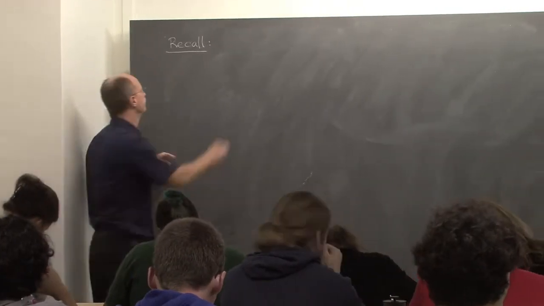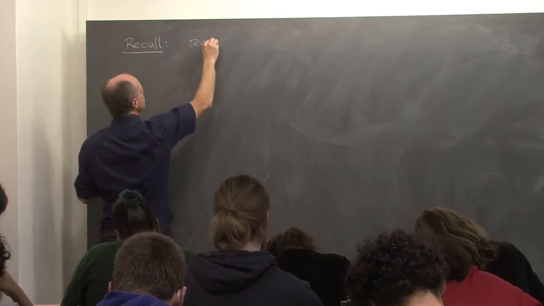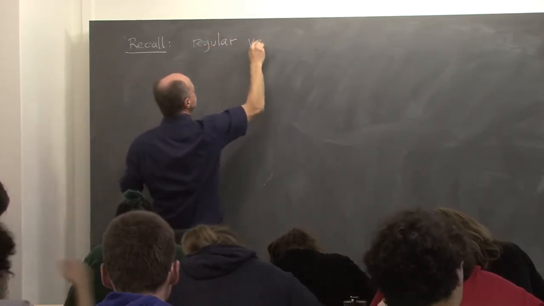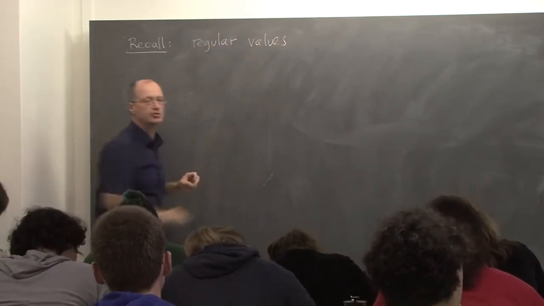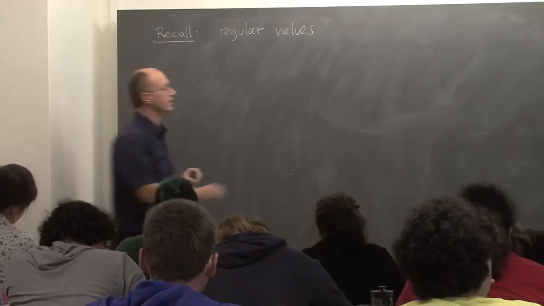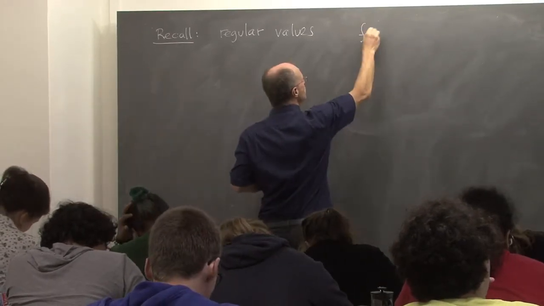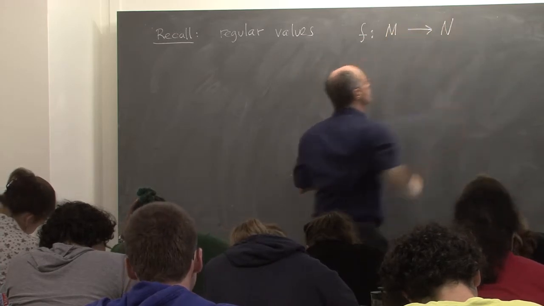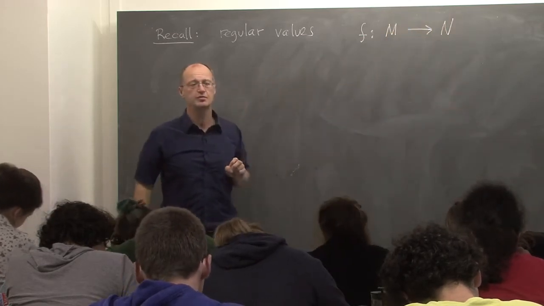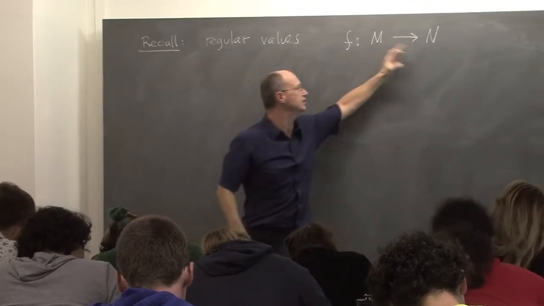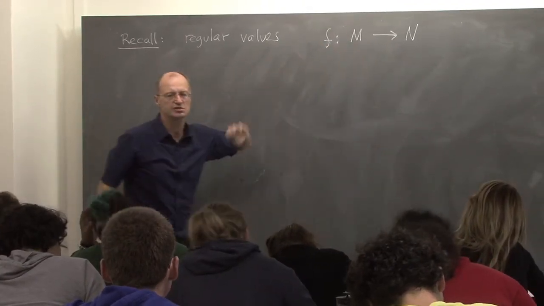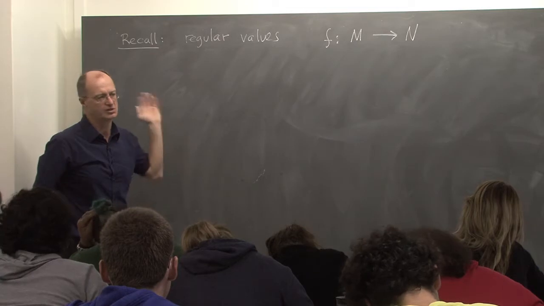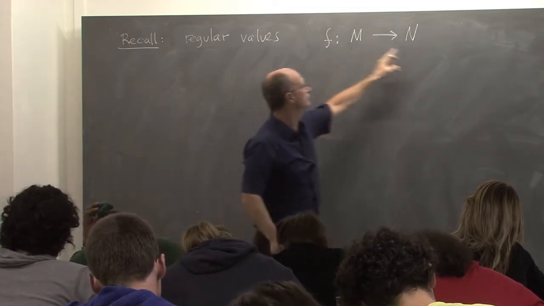So we already mentioned regular values. And the setup is as follows. So you got a smooth map between two manifolds, or maybe some sufficiently differentiable map, or let's say smooth map, between two manifolds.